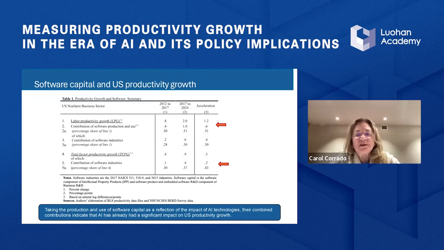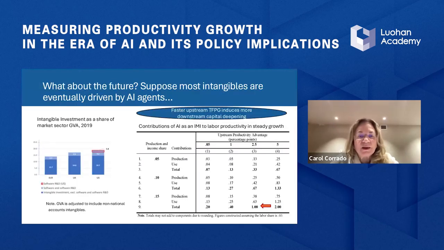And again, it's based upon this argument of AI showing through as a different way of producing software, and AI also as an invention and a method of invention, and that the use of AI technologies is embodied in that software measure that I showed you.